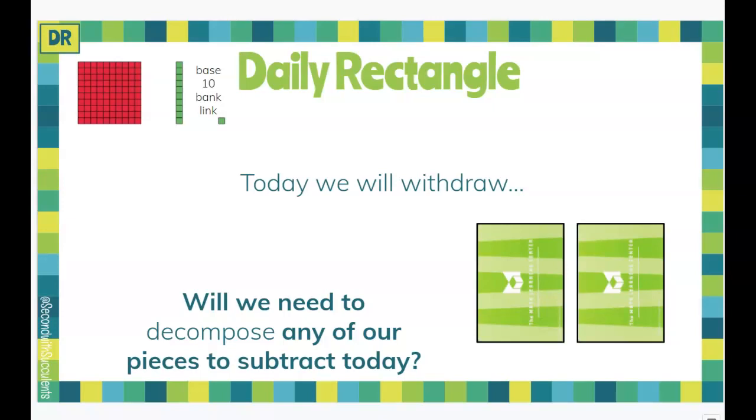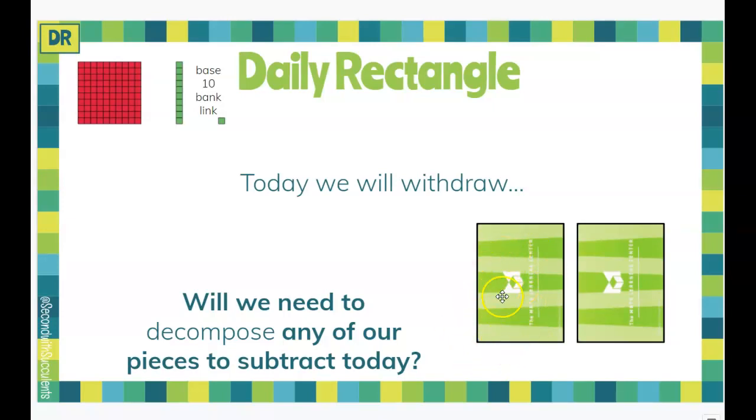Each time we've been going to our base 10 bank this month, we've been taking base 10 pieces out of our checking account. Let's see how much we will withdraw from our base 10 bank today. Remember, we use our number cards to decide how many 10s and how many 1s we'll take away.